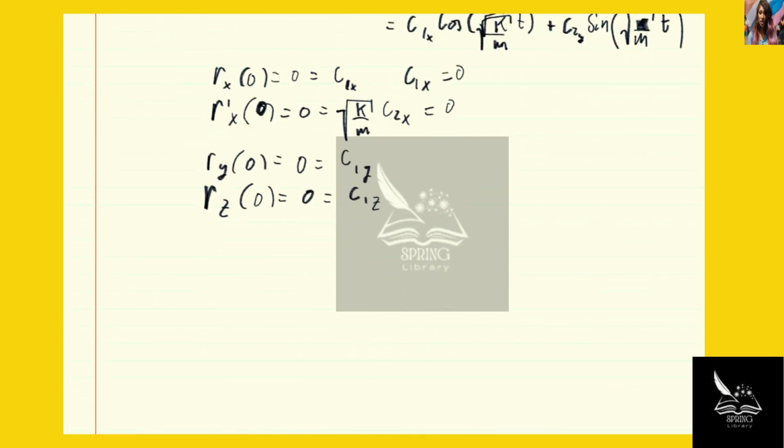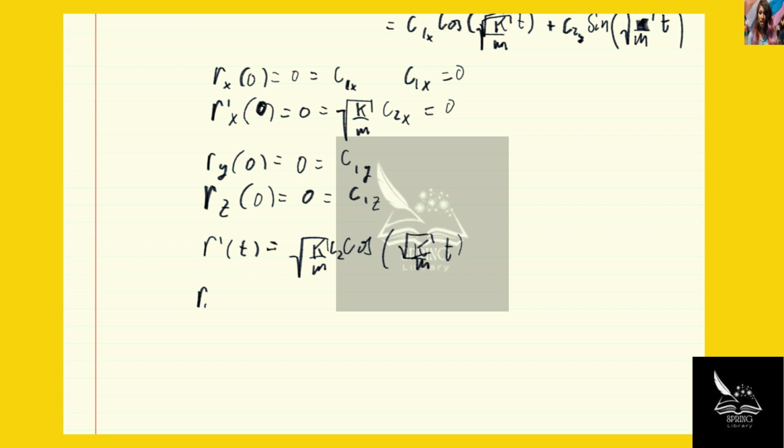Keep in mind that, knowing that c1 is going to be 0, r prime of t would equal root k over m c2 times cos of root k over m t.